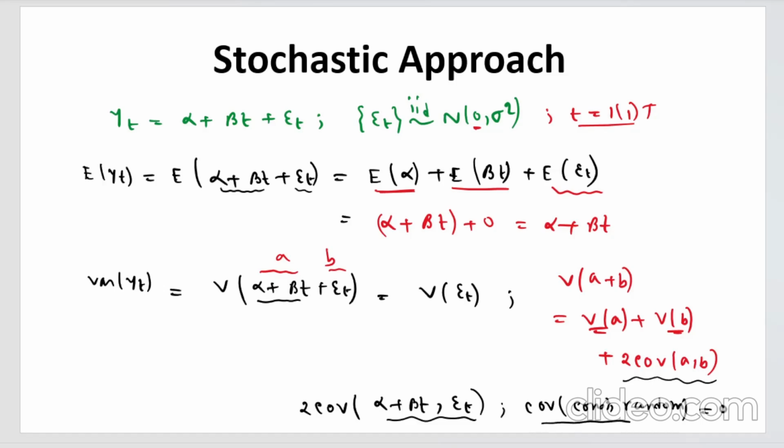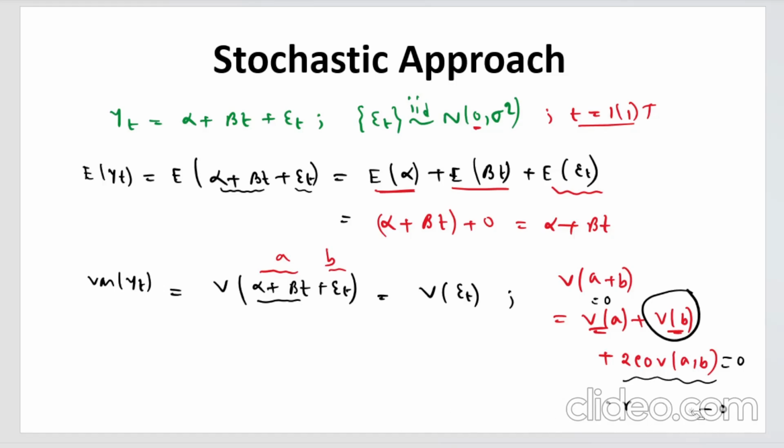So you have to know this property of covariance. There is no correlation between a constant term and a random term. This is very intuitive also. So this part is also 0, this part is also 0. We'll be left with only the variance of b, which is the variance of epsilon t here, right?